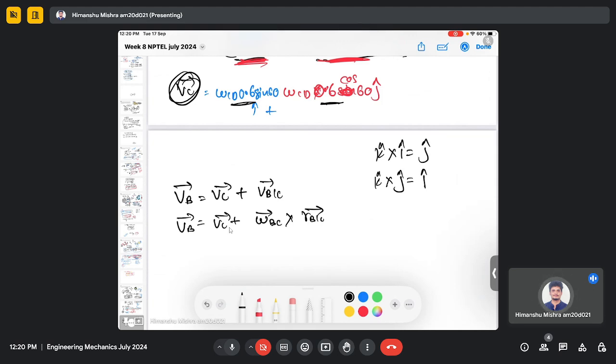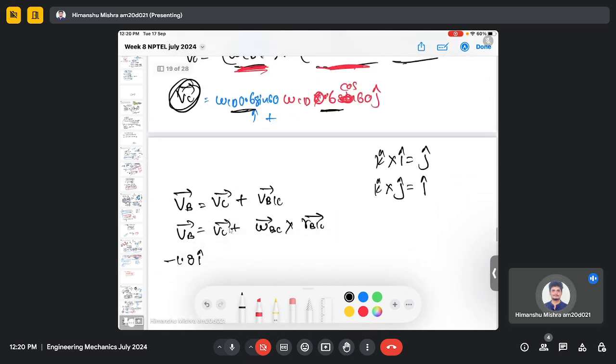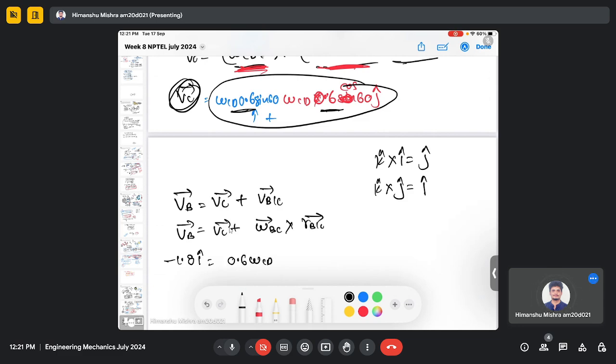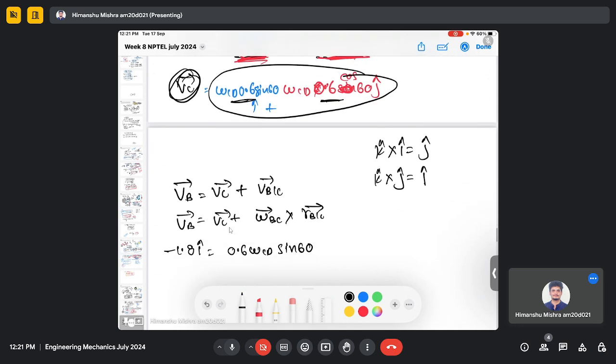So VB is minus 1.8 in the ith direction that we found here, and VC is this quantity, which is 0.6 omega CD sin 60 ith cap plus 0.6 omega CD cos 60 jth cap.